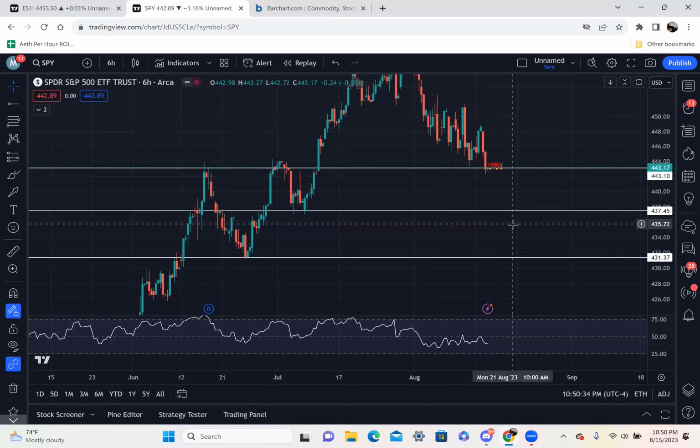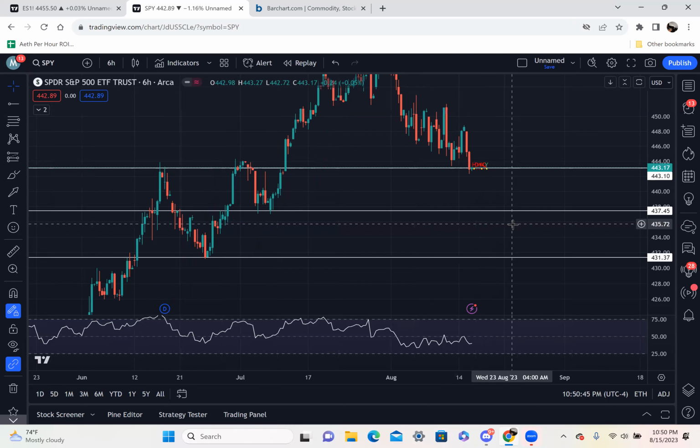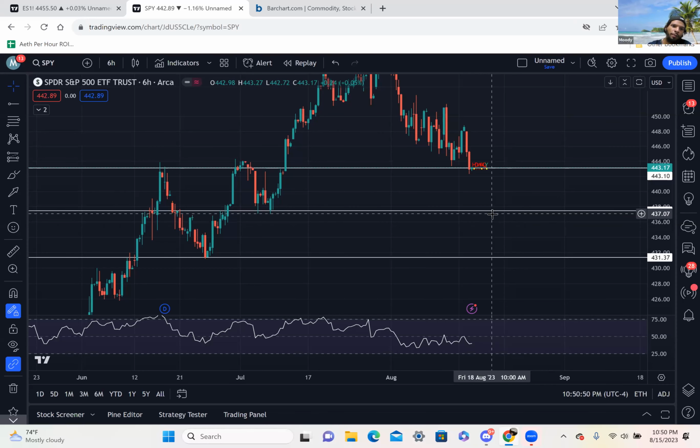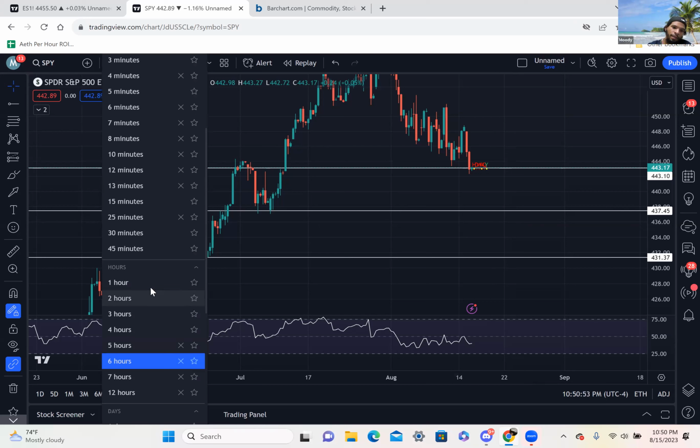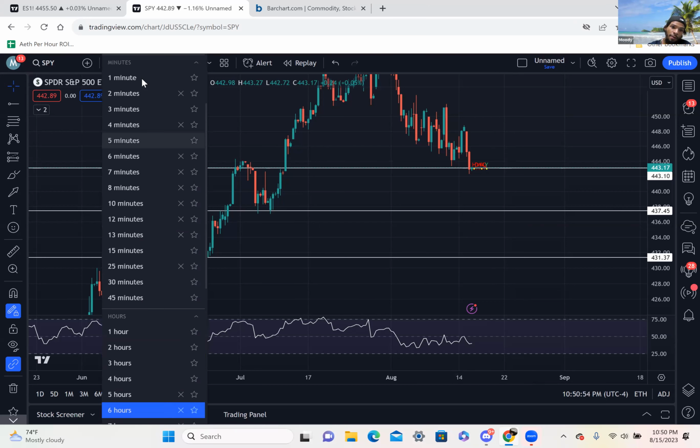Yeah, I appreciate that. That's dang, the 6 hours, man. I like these time frames because it clears it up and it looks tighter. I was looking and the bigger time frame is a whole bunch of noise. That's tight. Yeah, I like 2 hours. You can look at it right here. These are all the time frames I like. This is how I like my time frames, 1 all the way. I'm supposed to get a 9, but I keep forgetting to get the 9 all the way down to the 10.